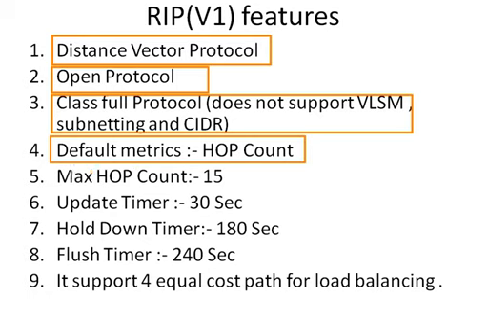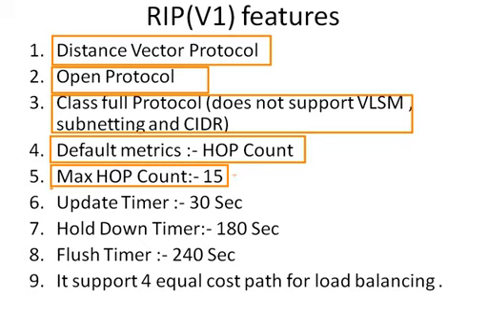Maximum hop count is 15. If a network goes beyond the 15th router, that network becomes unreachable. As soon as it becomes the 16th hop, it is unreachable, so data cannot be sent through more than 15 routers from any source to any destination.